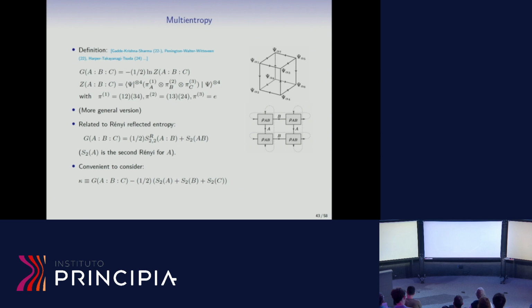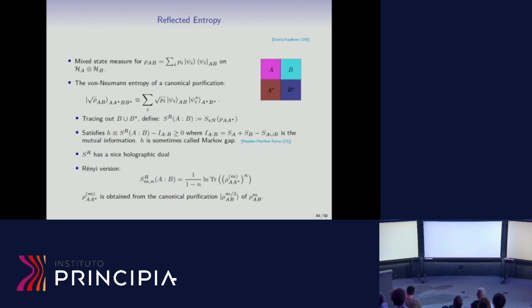Okay, so what is this S? S is a related quantity called the reflected entropy. Sorry, this is a busy slide, but it is defined in the following way. Once again, I am discussing the mixed state. I started with a pure state, but let me now use the language of mixed state after tracing out C. So I have a mixed state supported on region AB.